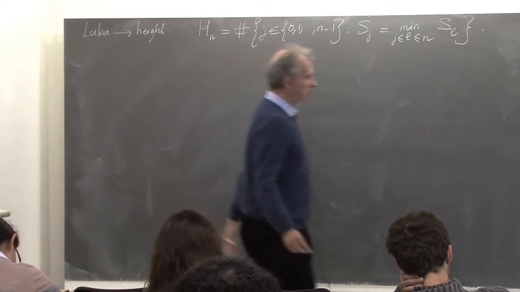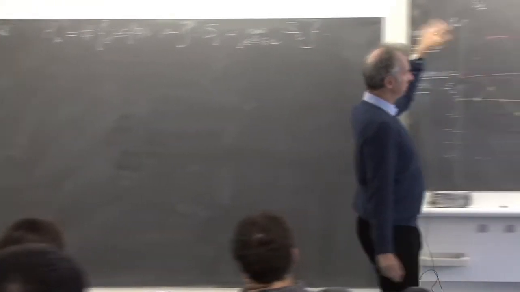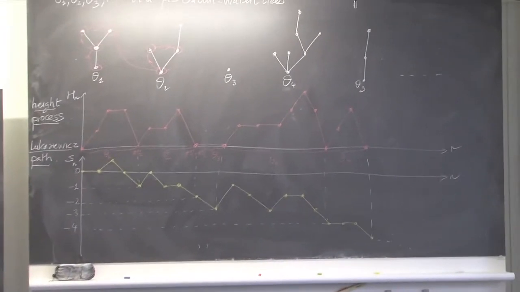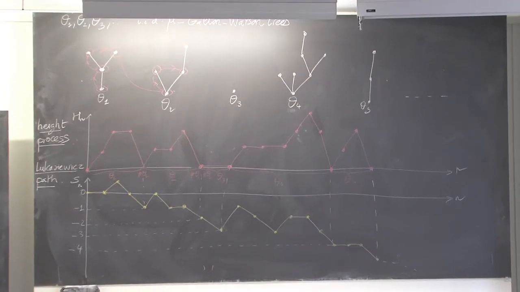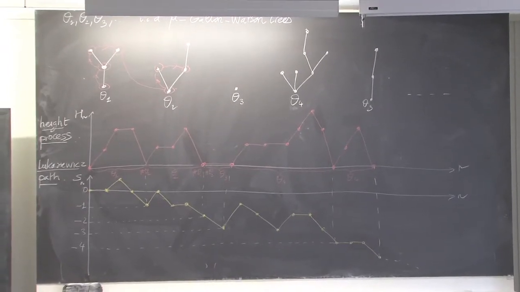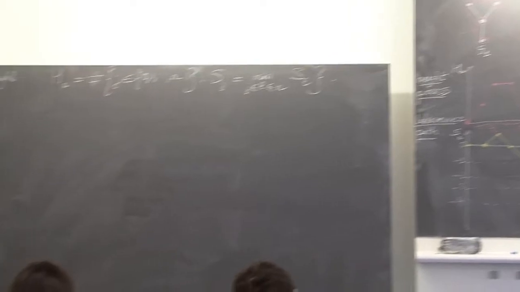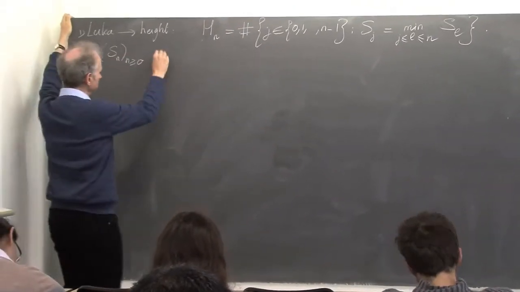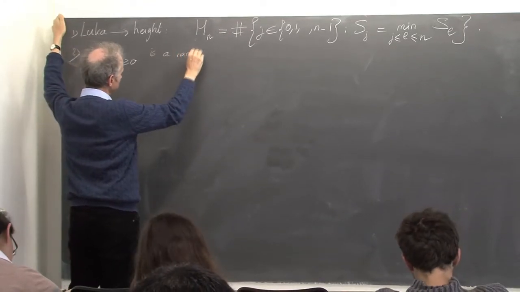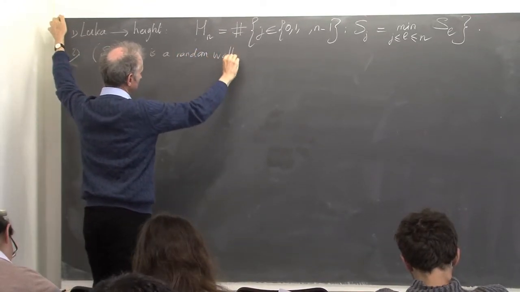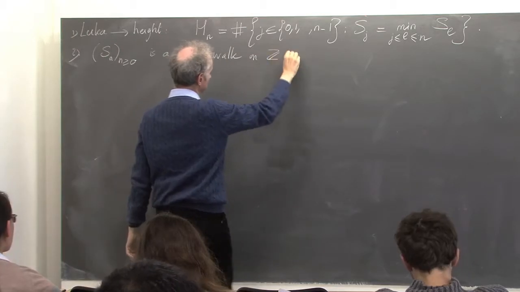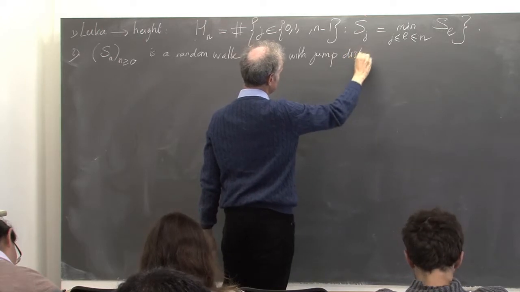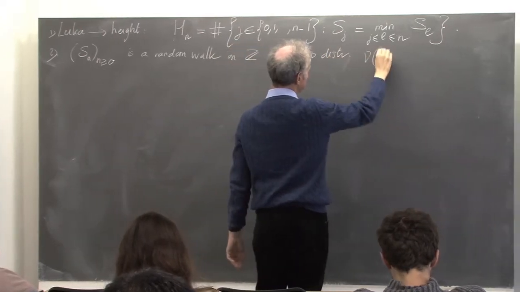Okay, so for the moment, everything I said was true for a deterministic sequence of trees. Now comes probability. The fact that I'm considering mu Galton-Watson trees tells me another thing. While the Lukasiewicz path has a nice structure, this process Sn is just a random walk on Z with jump distribution given by nu of k.